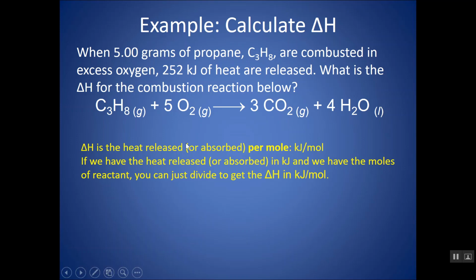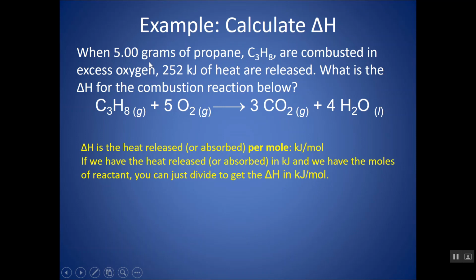Delta H is the heat that's absorbed or released per mole according to the coefficients. So it's kilojoules per mole. So if you have the heat released in kilojoules, and in this case we have grams, but if you can get the moles of the reactant, then you can just divide kilojoules by moles and you'll get the right units. Delta H is in kilojoules per mole.